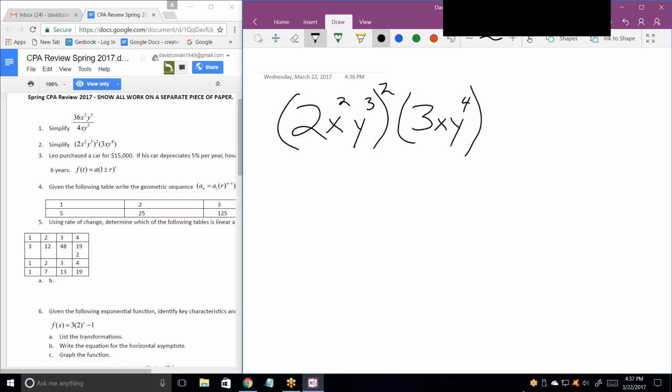Not the exponents, the top exponent. This one right here, we want to apply that. It's kind of like distributing it. So what we want to operate on that right there. What is that answer? All you need to do is apply the upper 2 to each variable. Apply it to the 2, apply it to the x squared, apply it to the y cubed.